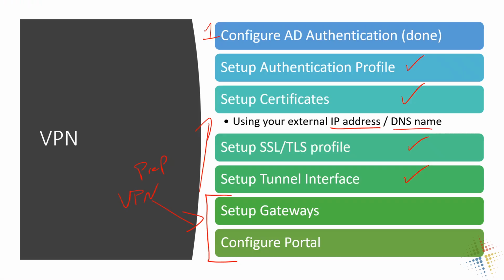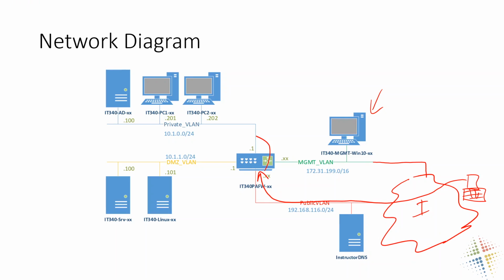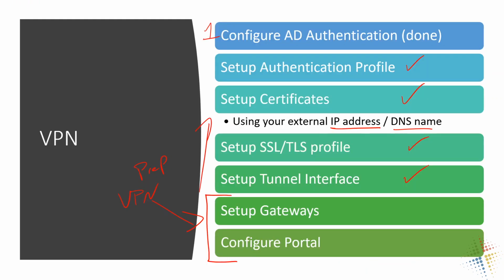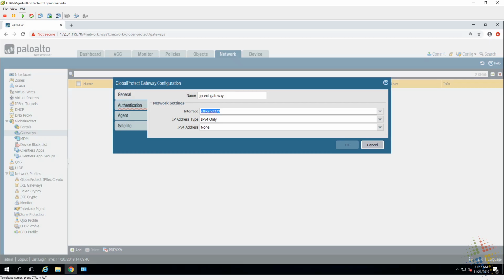Let's actually see my diagram right there. My public interface is on 1-3. Along with that, this is IPv4, and then the IPv4 address right there, it lists the IPv4 address that is assigned with Ethernet 1.3. If I had multiple assigned, then I would specify it right there.